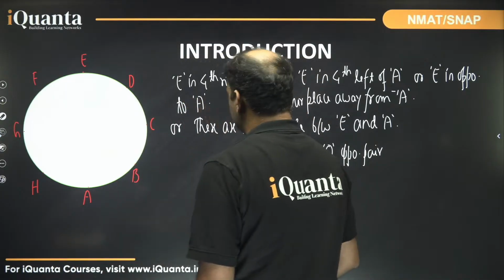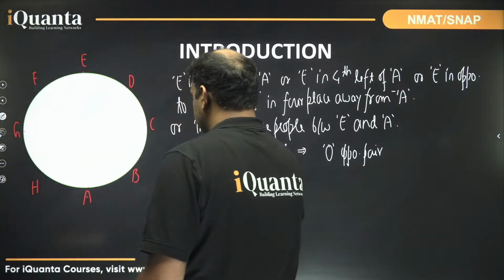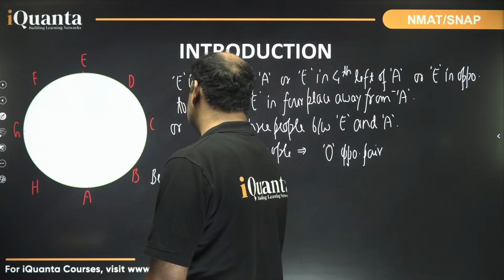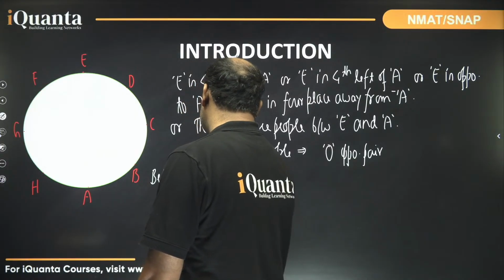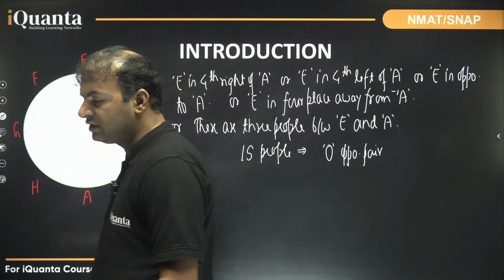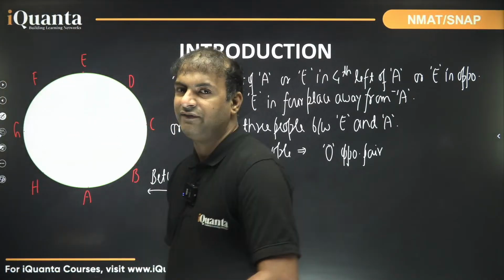Now, let's go further. So, this is how we discuss right and left. Now, there is something else I want to explain, which is called between, just like we discussed in linear. Similarly, we'll discuss the meaning of between in circular as well. But the good thing is that between is very easy in a circle. In linear, there were slightly more relations.